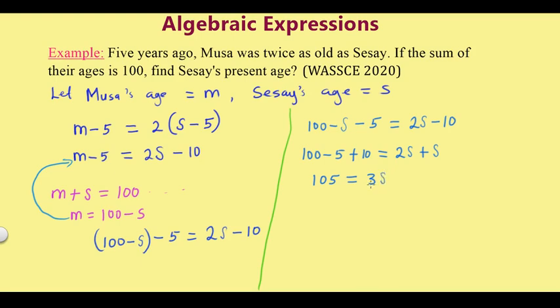So divide both sides by 3. That will be 105 divided by 3 equals S.